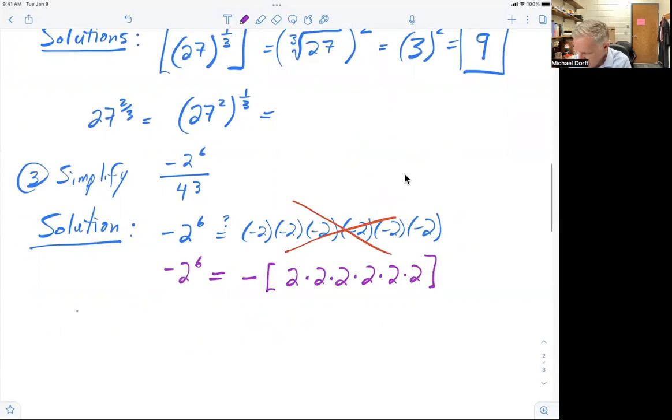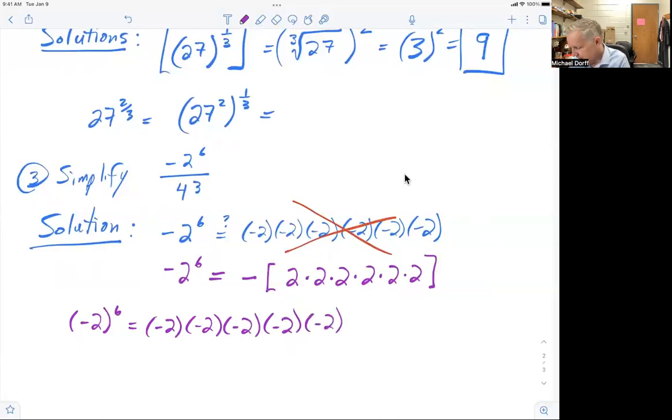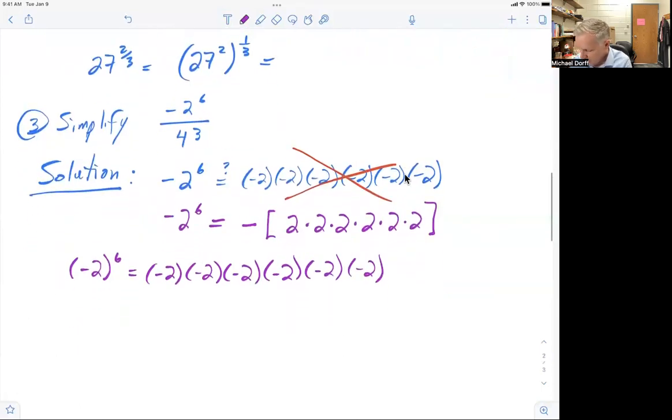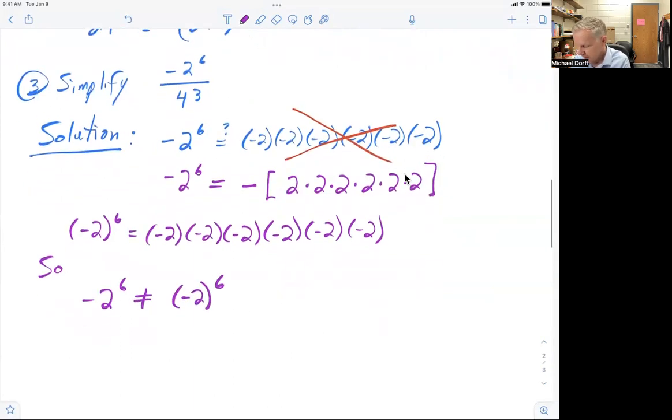Well, in that case, you would write (-2) to the 6th. So notice that (-2) to the 6th would be -2 times -2 times -2, -2, another -2, and another -2. So -2 to the 6th is not the same thing as quantity -2 all to the 6th. They're different numbers.